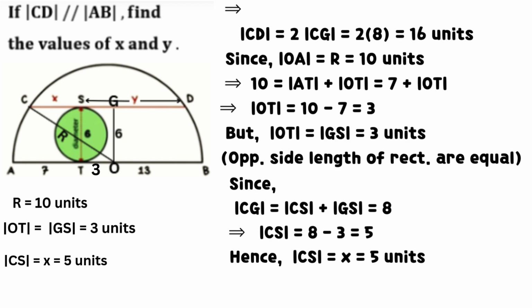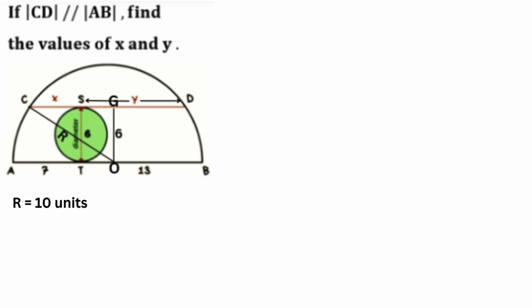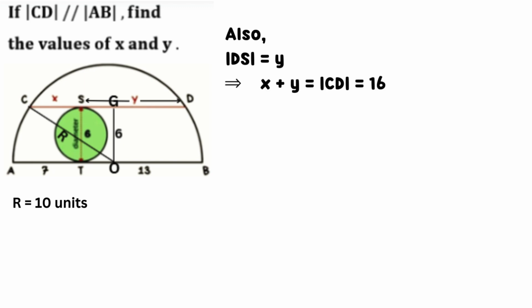Hence, line CS equals X, which equals 5 units. Also, line DS is equal to Y. It means that the sum of X and Y equals line CD, which equals 16.